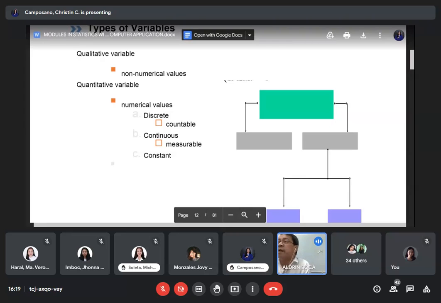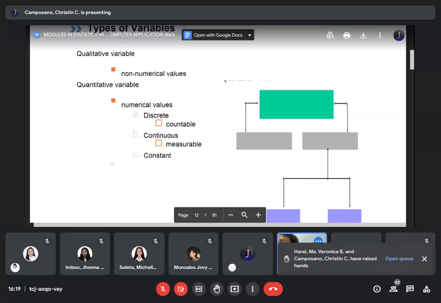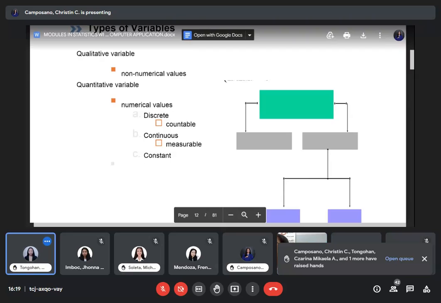Be specific, marital status. Okay, sir. Next, Soleta. Dog breed, sir. Dog breeds. Okay. What else? Mendoza? Blood type. Blood type. Okay, very good. Yes, Miss Tongohan? Music genres, sir. Music genre.